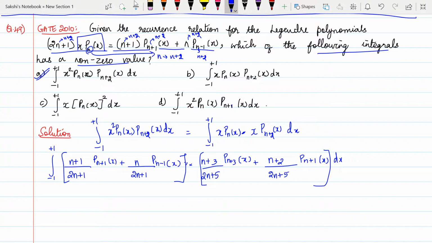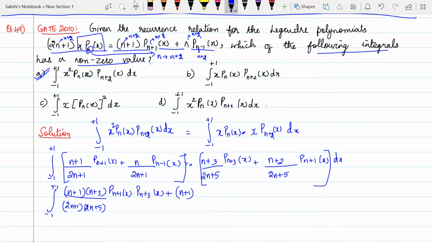The same process. So now I am just going to do the normal multiplication over here. So the integral from minus 1 to plus 1 of n plus 1 into n plus 3 divided by 2n plus 1 into 2n plus 5, Pn plus 1 of x into Pn plus 3 of x.